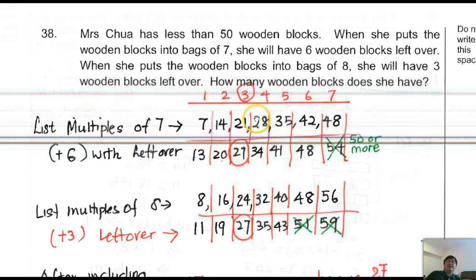Now let us see. Up to here, 42 is here, 35 is here, and 28 is here. Now these are put in a group. If I have one bag, I have 7 wooden blocks, 2 bags, 14, 3 bags, 21 wooden blocks, 4 bags, 28. I hope you understand this part. So when I have 7, my leftover is 6.